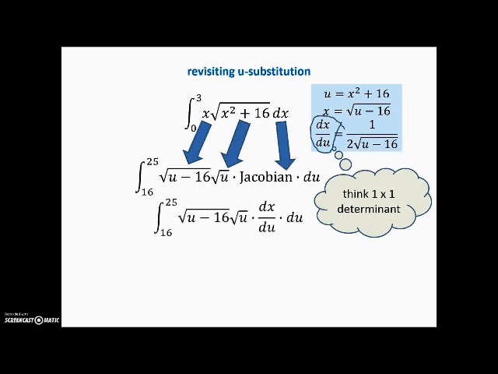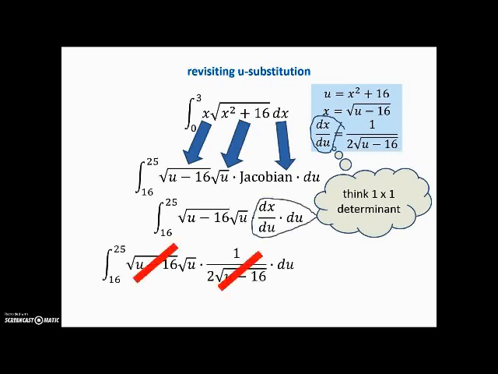And the Jacobian is just dx du, because look, dx du times du is just dx. So we substitute the formula in terms of u for dx du, and look what cancels. We end up with exactly the same thing that we got much faster in single variable calculus with what was actually a shortcut.